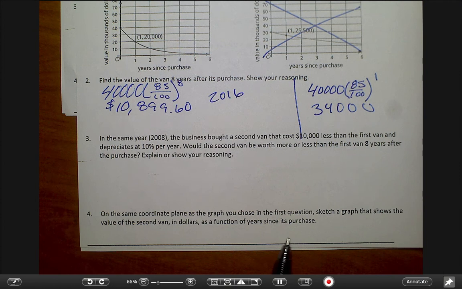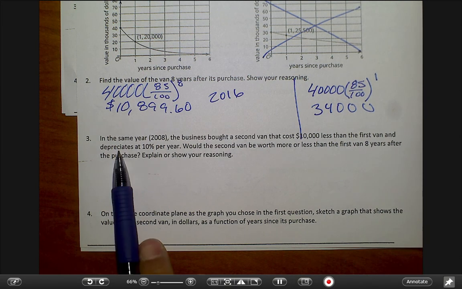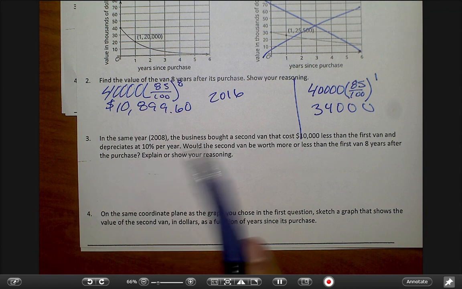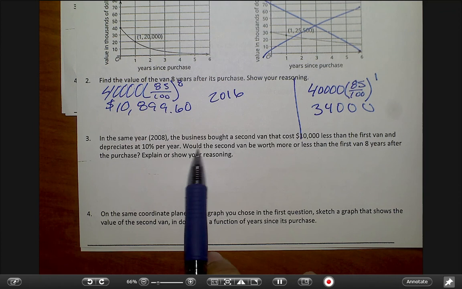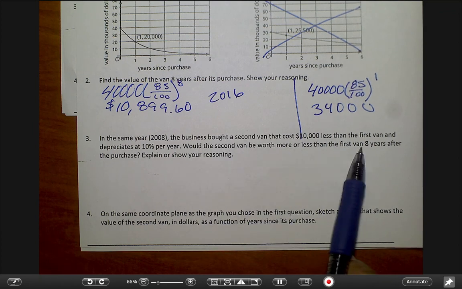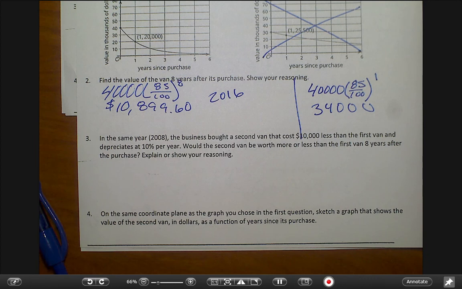It's going to be 30,000 because it's 10,000 less than the first van, and it depreciates at 10% per year. What would the second van be worth? Would the second van be worth more or less than the first van 8 years after the purchase? So what is my initial value I'm starting off on this one? 30,000. Not 10,000, it is 30,000 because it's 10,000 less.